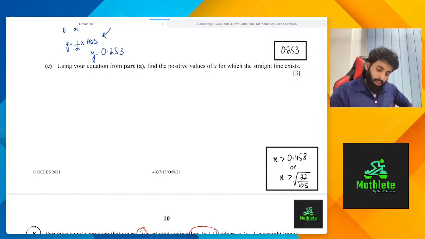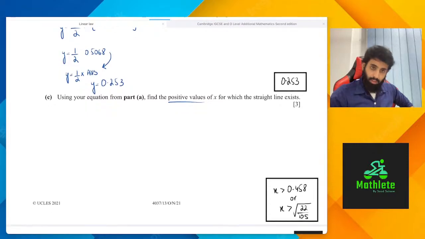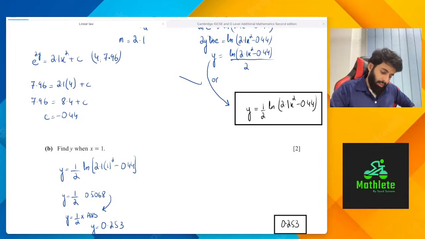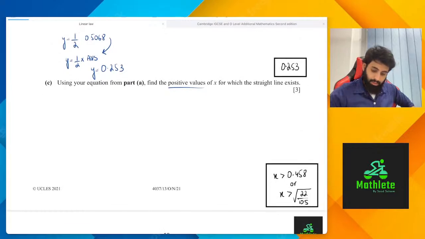Okay? Using your equation from part A, find the positive values of x for which the straight line exists. I have a question for you guys. How do you make sure that this function stays alive?